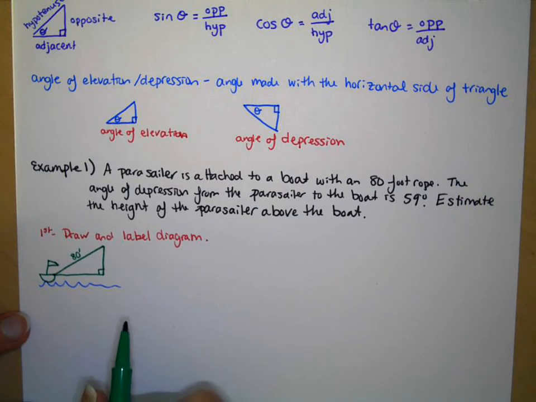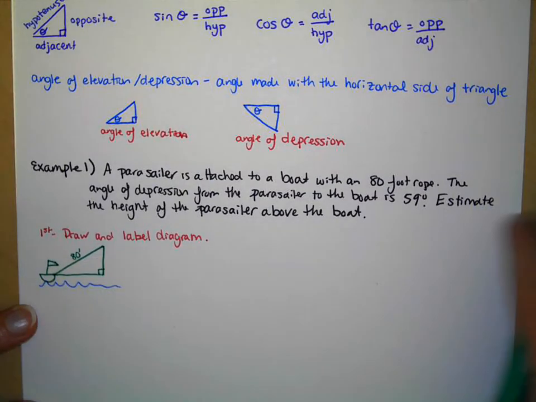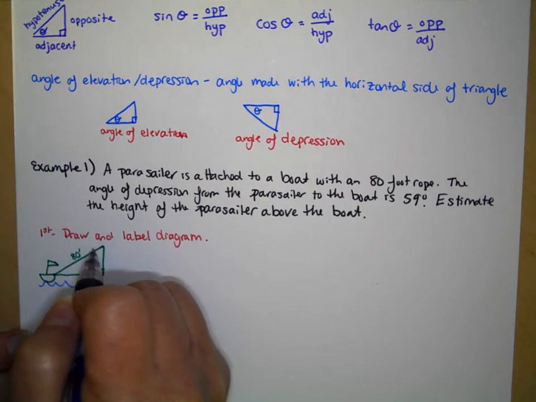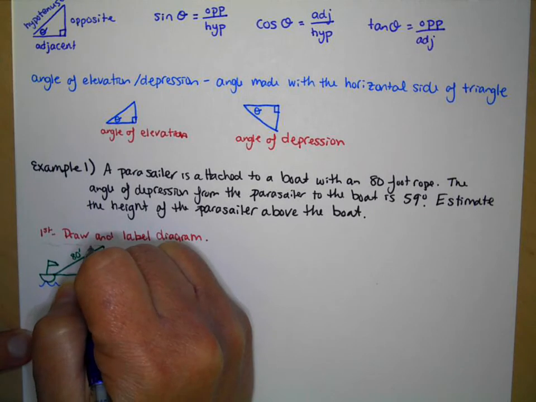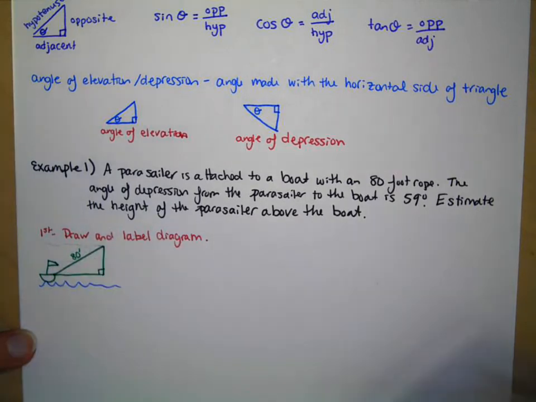Remember that the angle of depression is always the angle that's made with the horizontal side. So from the perspective of the parasailer, you could draw in an extra horizontal side. This angle here is 59 degrees, but that's also going to be the same as this angle here.